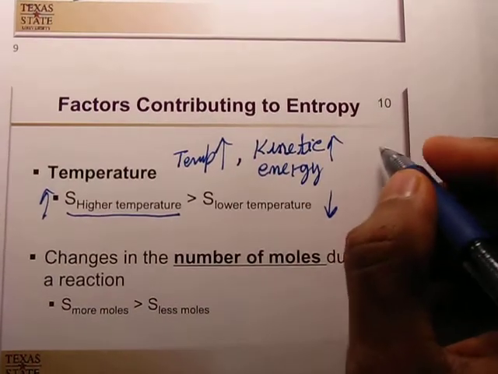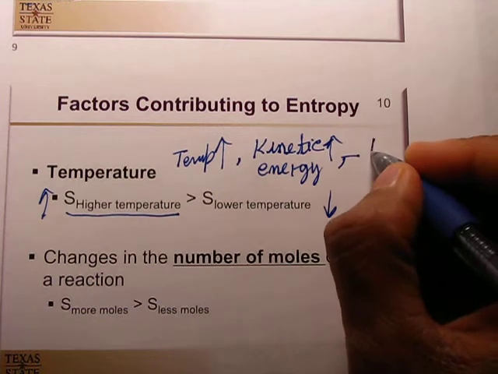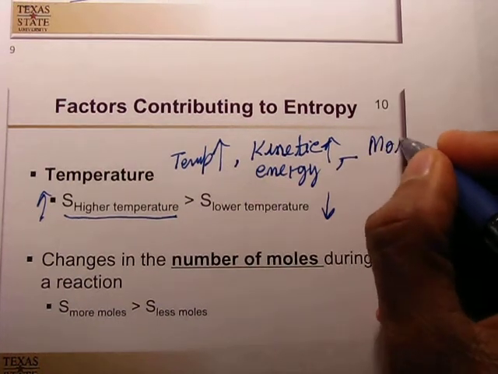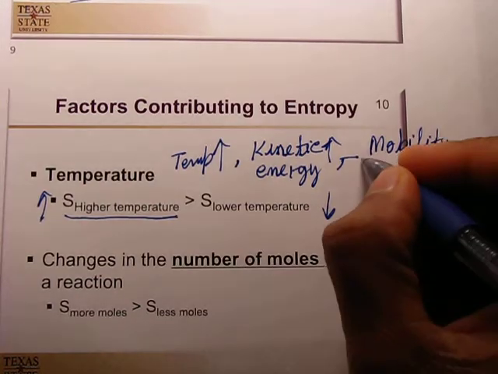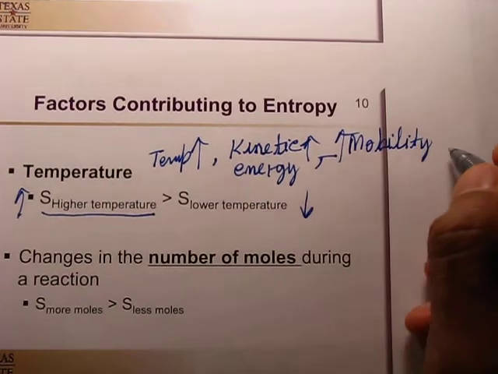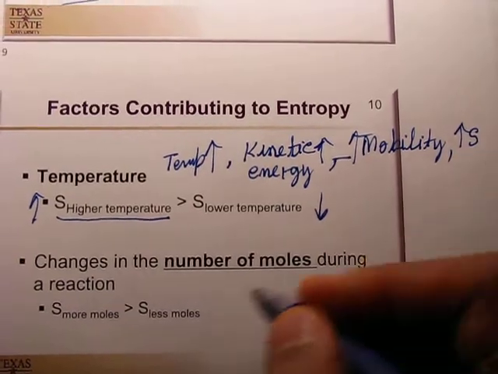If kinetic energy increases, molecules get more opportunity for mobility, right? Their mobility increases, and if their mobility increases, their entropy increases, meaning randomness increases.